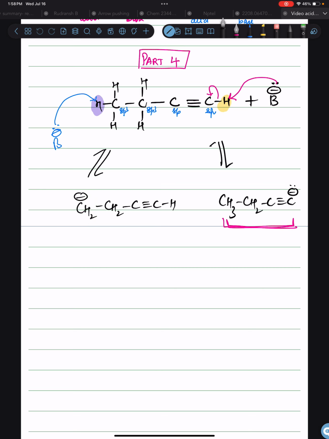So if I look at the various factors, in both of them the negative charge is present on carbon.